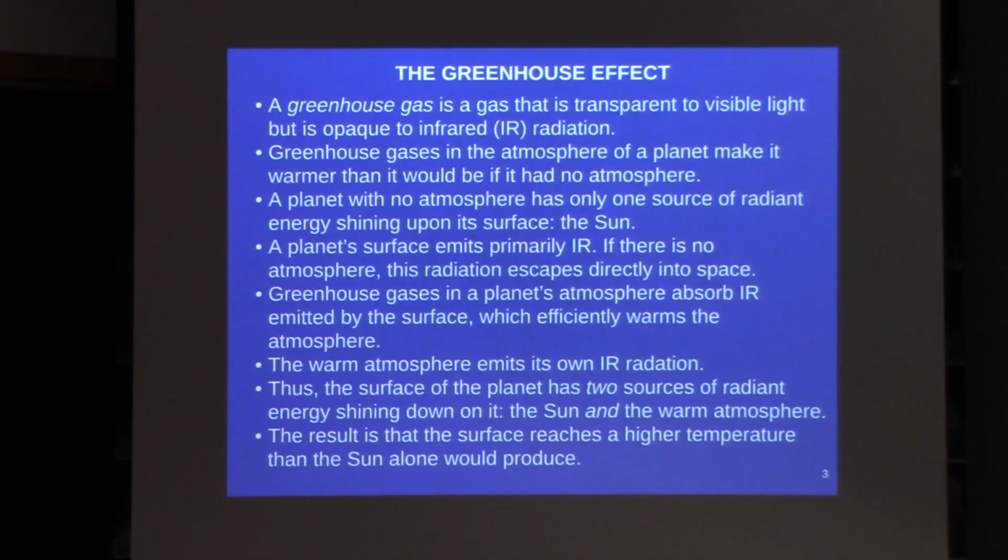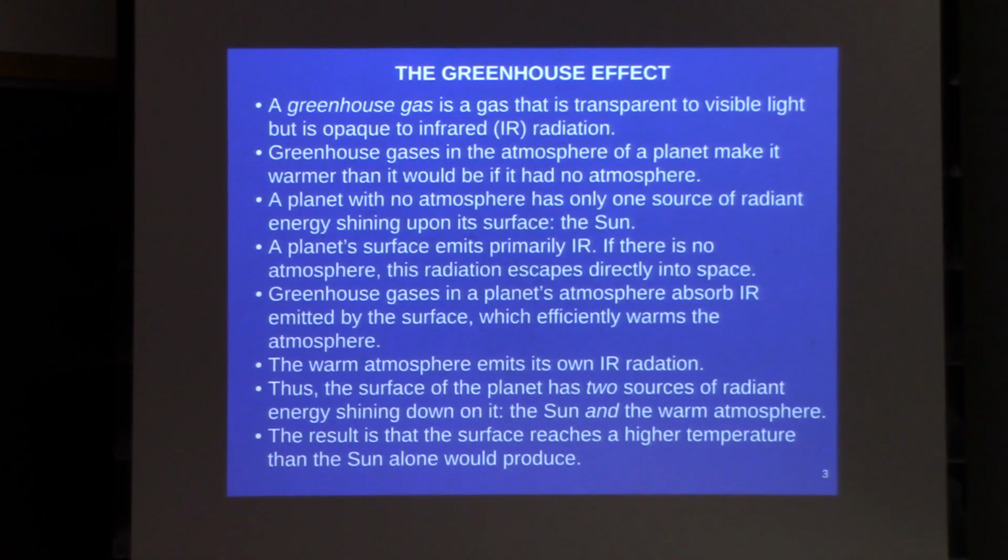But anyway, a greenhouse gas, badly named, is a gas that is transparent to visible light but is opaque to infrared radiation. Greenhouse gases in the atmosphere of a planet make it warmer than it would be if it had no atmosphere. A planet with no atmosphere has only one source of radiant energy shining down upon its surface, namely the sun. Meanwhile, the sun's going to warm the surface of the planet.